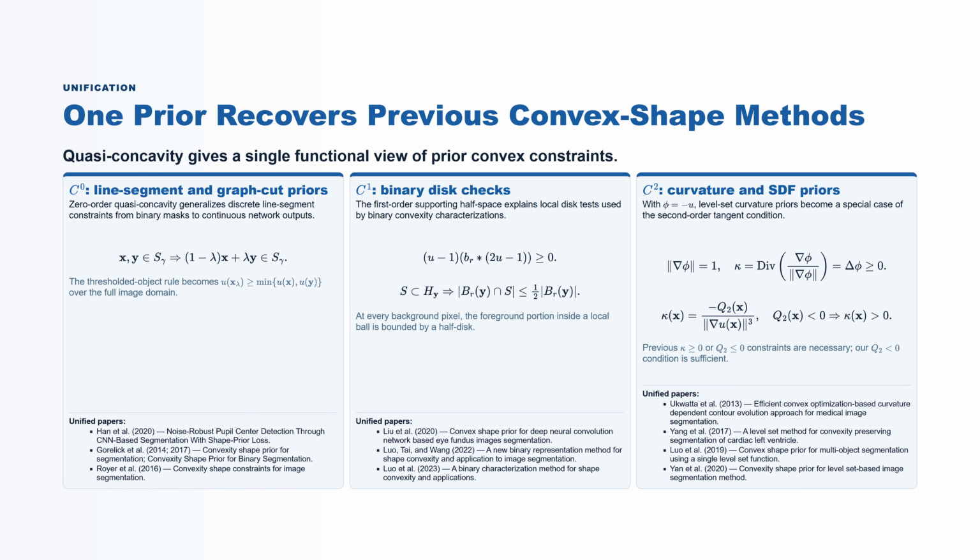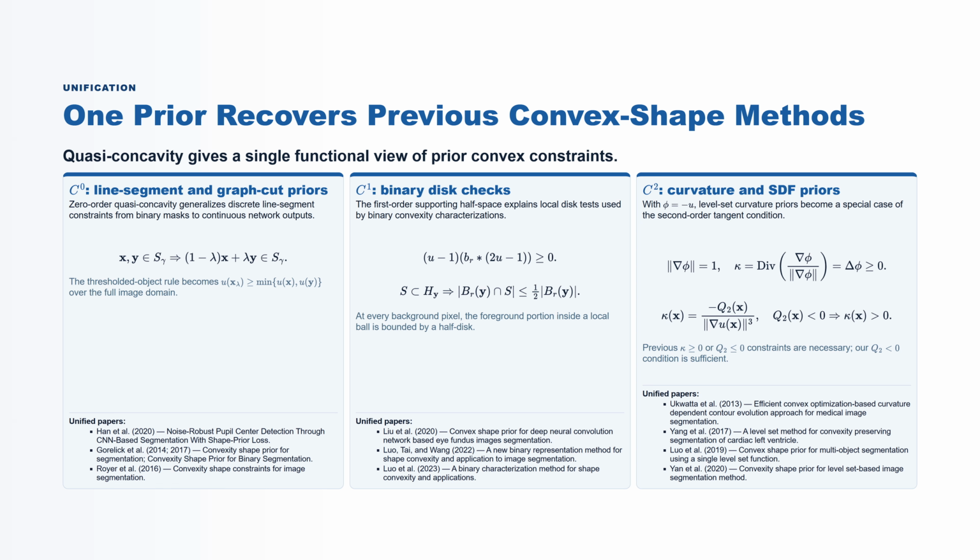A nice part of this framework is that it also explains many previous convex shape priors. Some methods use line segment or graph cut style constraints. These can be understood as zero-order convexity checks. Other methods use binary disk checks.